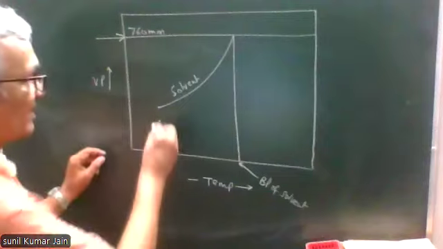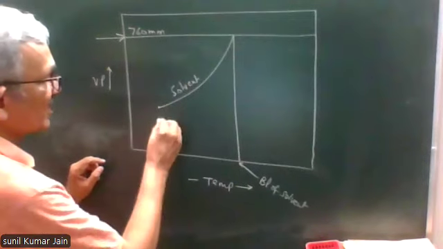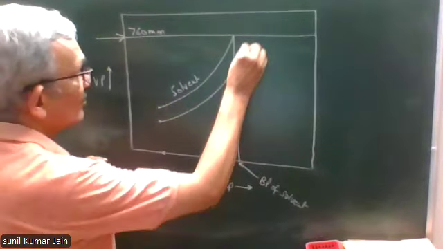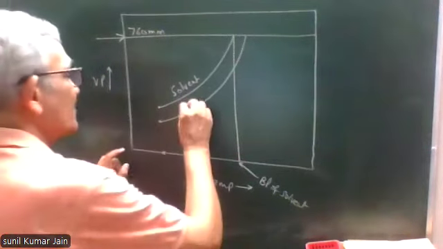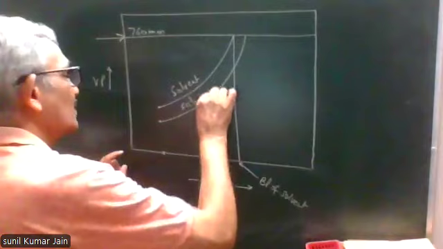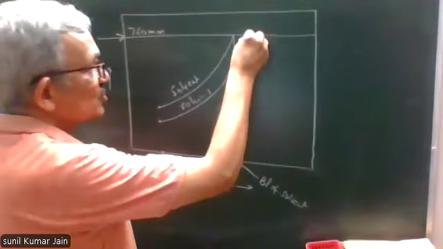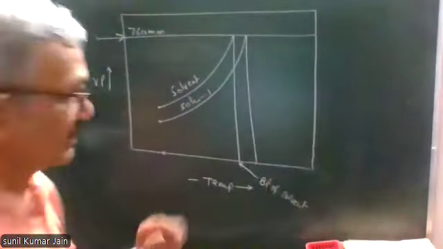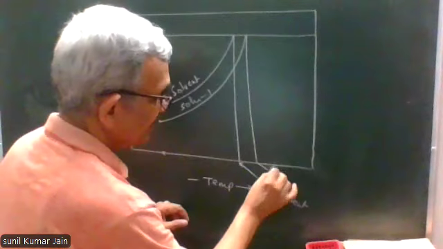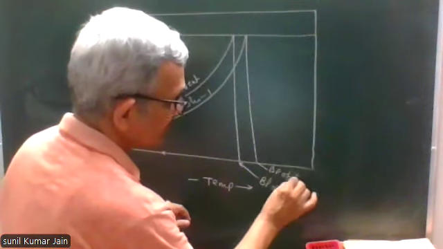It means the graph will be parallel to this graph. This is the graph for solution number 1. This solution boils at a higher temperature. So this is BP of solution 1.